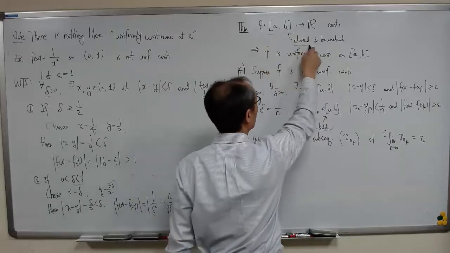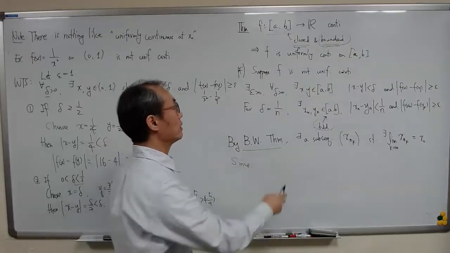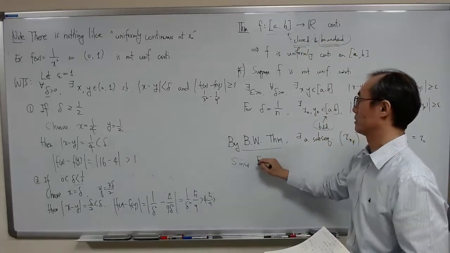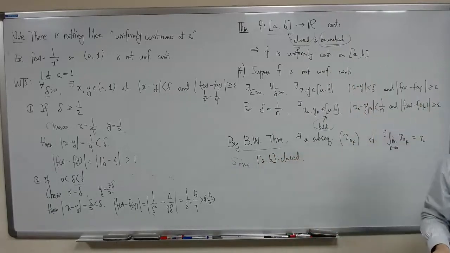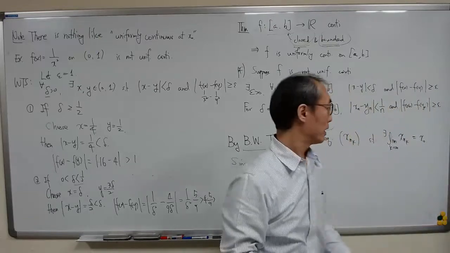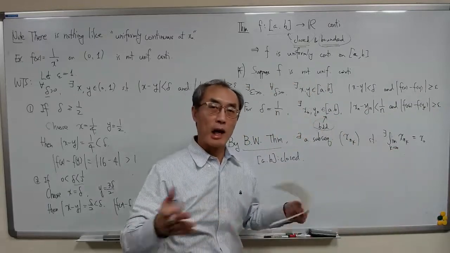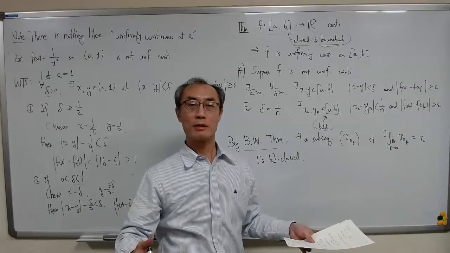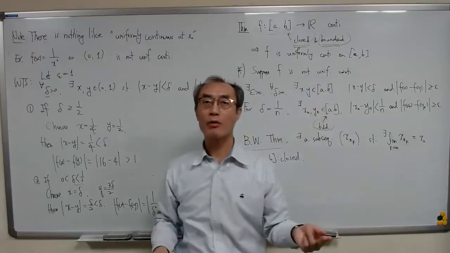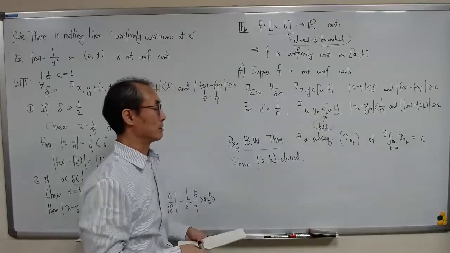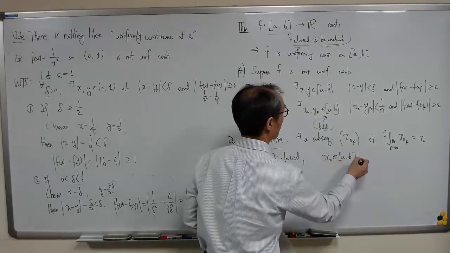As I mentioned before, any convergent sequence in a closed set cannot get out of that set, which means the limit value x naught cannot get out of the original set. Since this is closed, the limit x naught belongs to this closed set.